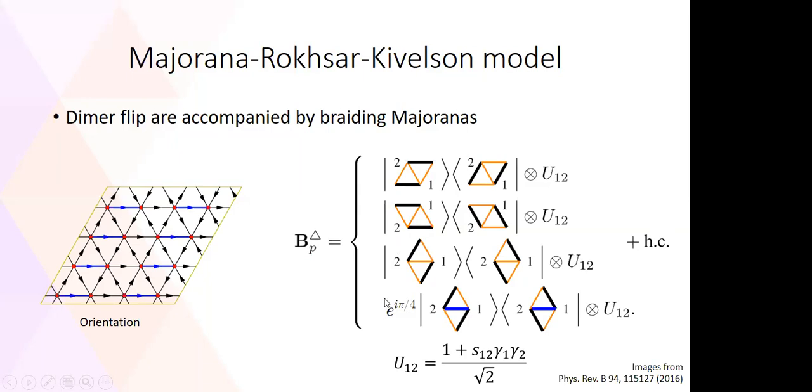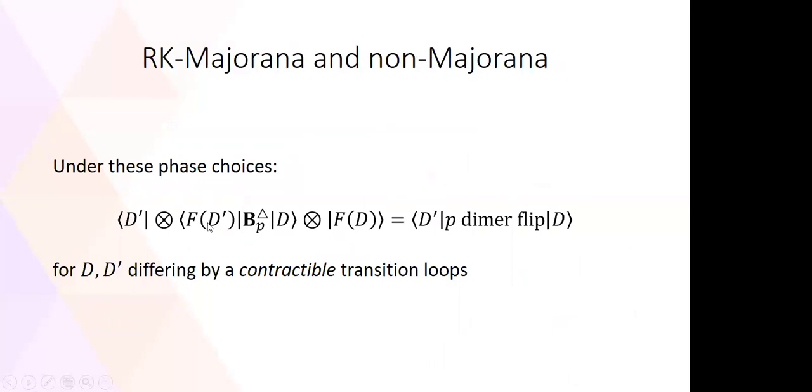The reason this phase is chosen is because it gives you the magical relation that if you compare two dimer configurations with the corresponding fermionic part, the matrix element of this operator will be the same as that of the non-Majorana RK Hamiltonian if they are connected by a contractible transition loop.